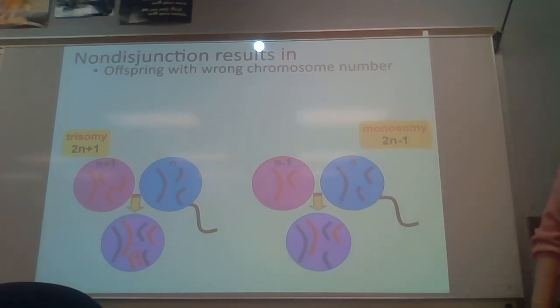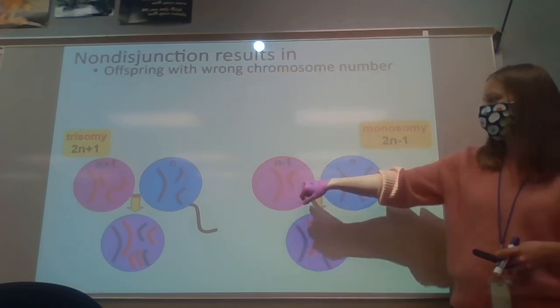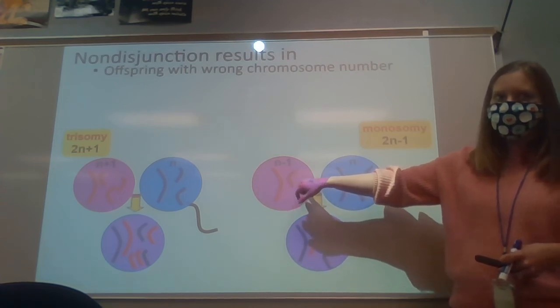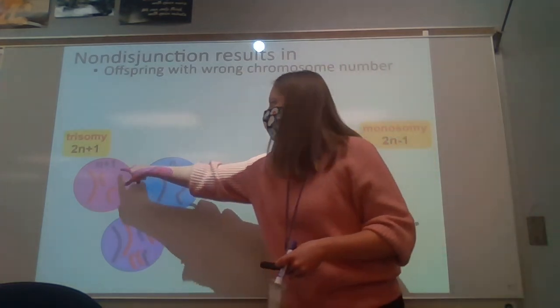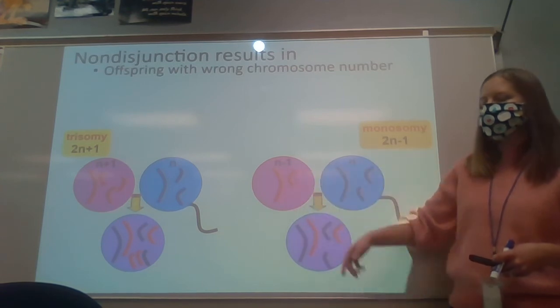On the flip side of that, it's also possible in non-disjunction to pass on a cell that is missing a chromosome. So in this case, here's the other half of that non-disjunction. So this cell ended up with too many. This cell ended up with not enough. We're missing one.